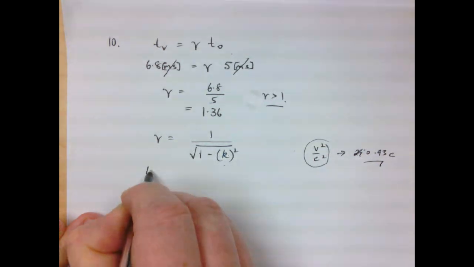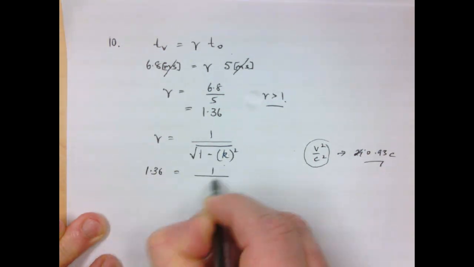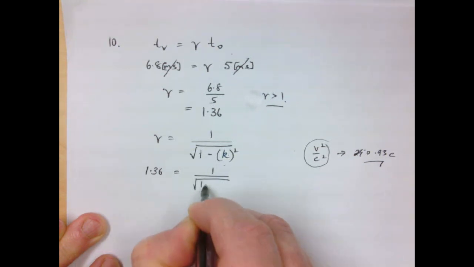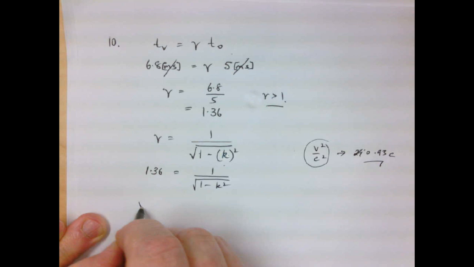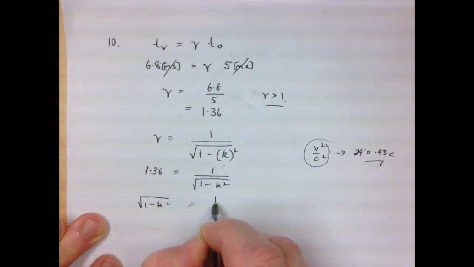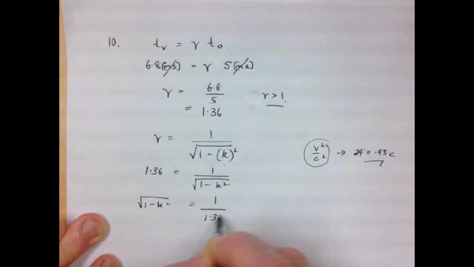So that's going to be 1.36 is equal to 1 over the square root of 1 minus k squared. So the square root of 1 minus k squared would equal 1 over 1.36.